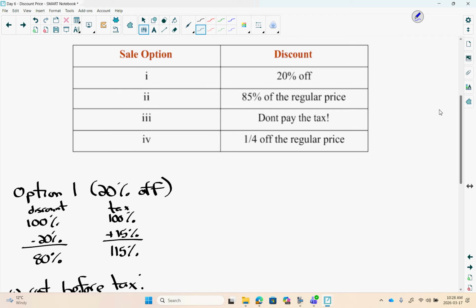Let's look at option 2. Should say 80, oh no, it says of. 85% of the regular price. If it's 85% of the regular price, what's the discount? It's 15% off. Okay.